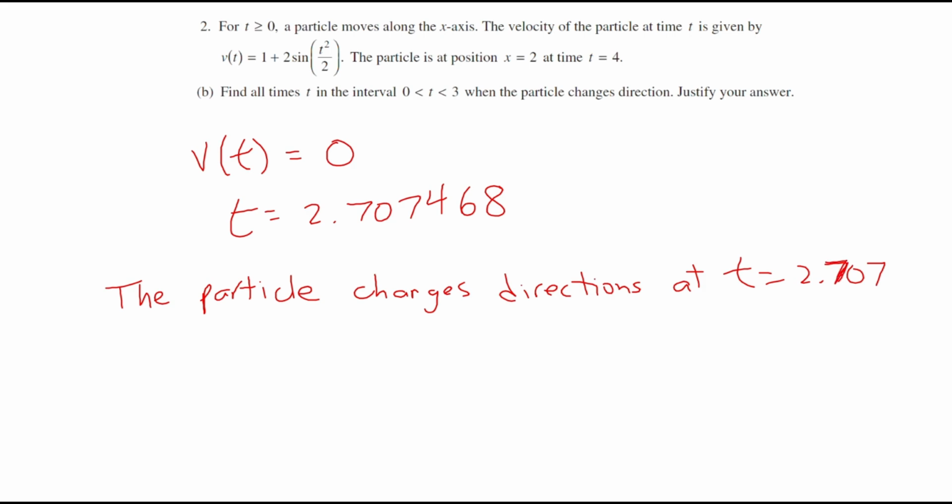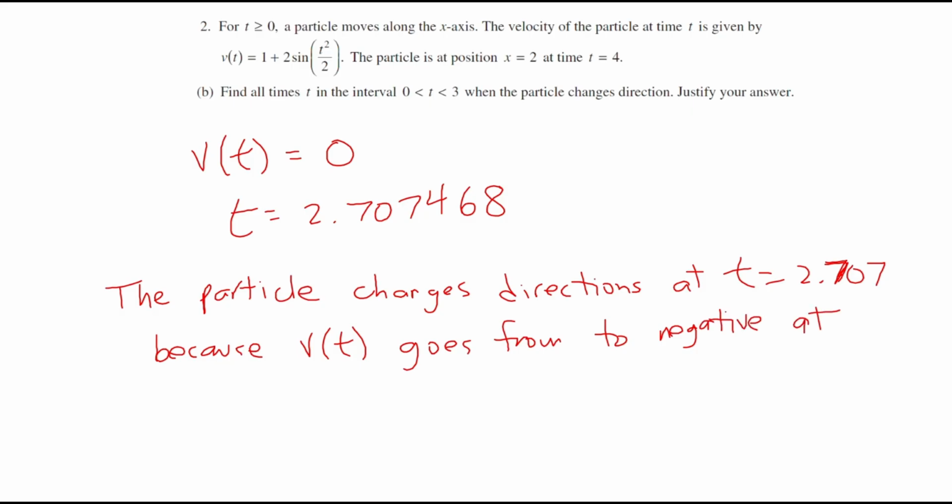We can just round it there to 3 decimals if we want, because we'll say v of t goes from positive to negative. We'll just say at this time. And we could have just said it goes from positive to negative at t equals 2.707, therefore it changes directions.